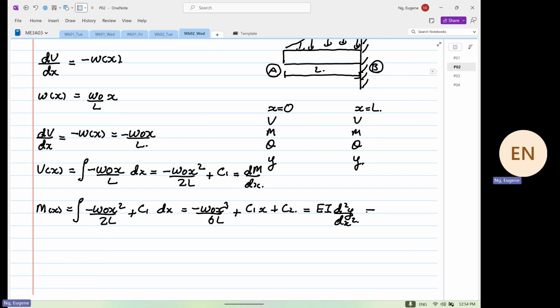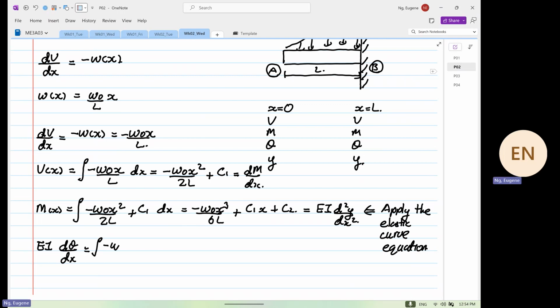This is where we apply the elastic curve equation. So from here, we have EI d theta over dx. We integrate again.